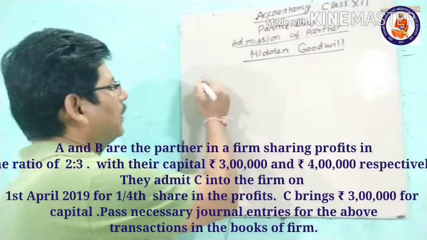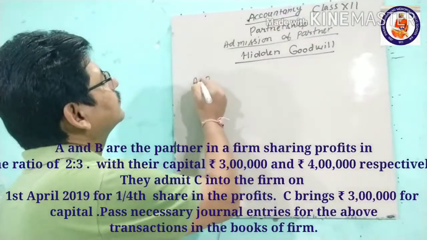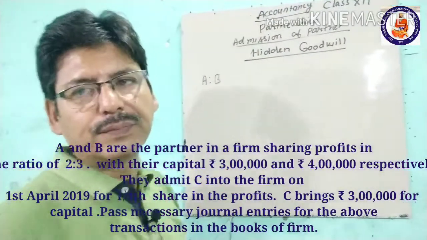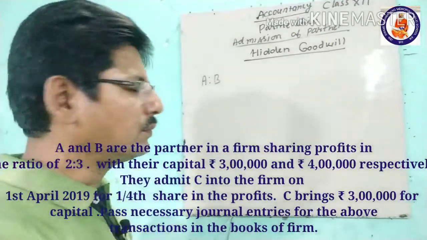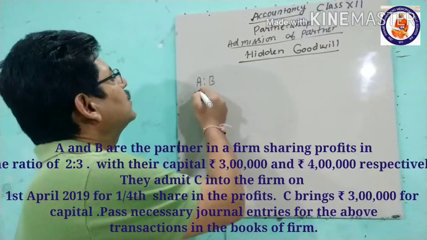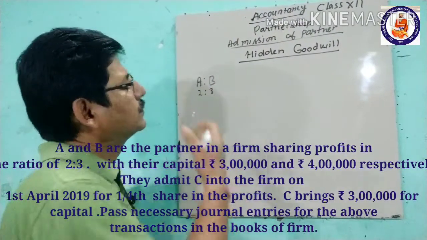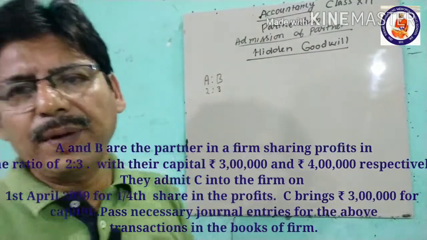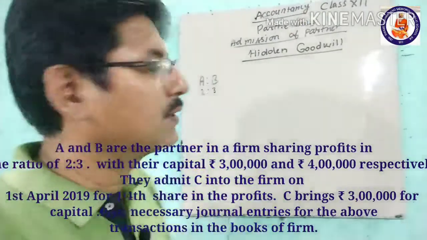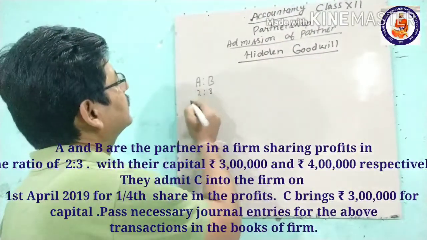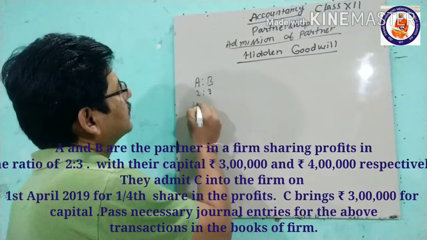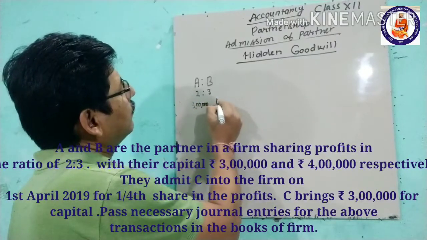Suppose A and B are partners in a firm, and they divide the profit in the ratio of 2:3. This ratio is immaterial here, but I will give it. Their capitals in the firm are 3 lakhs and 4 lakhs rupees.